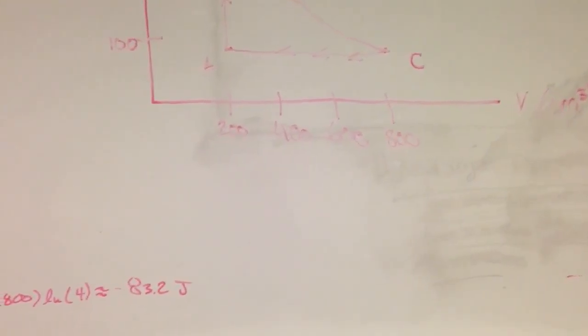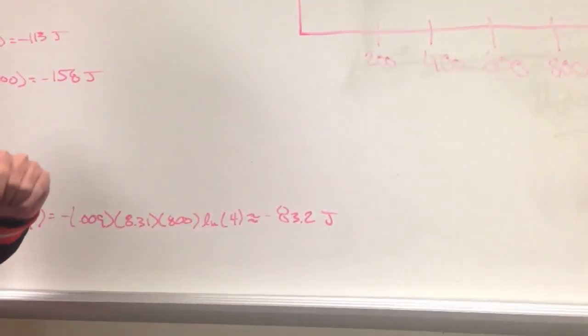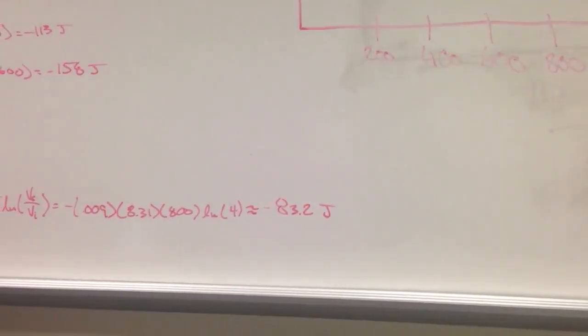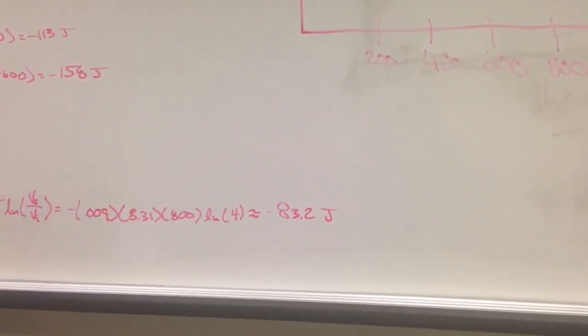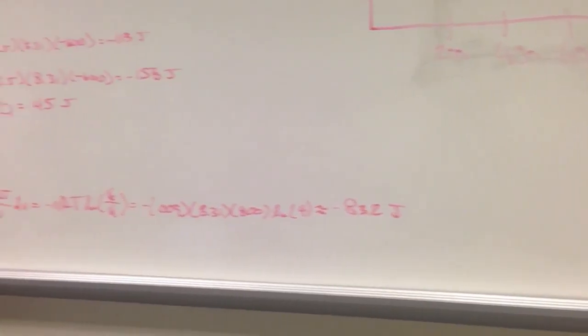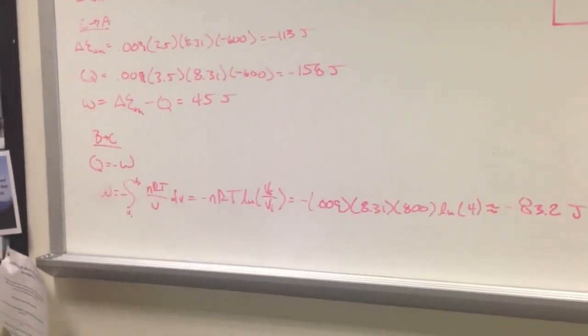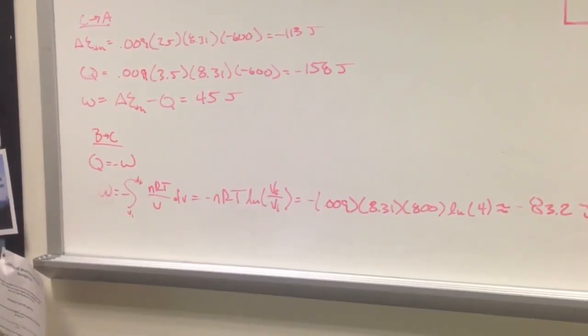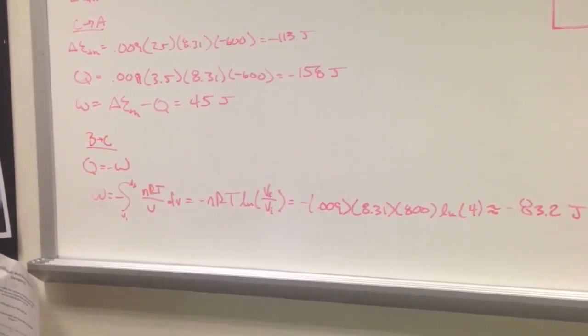So that ratio is 4, so we do log 4, and we get about negative 83.2 joules. Now Q is equal to negative W, which means that Q equals 83.2 joules.